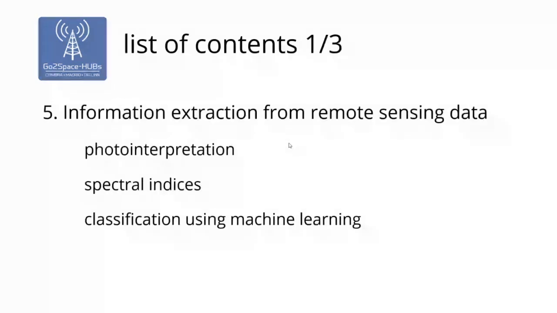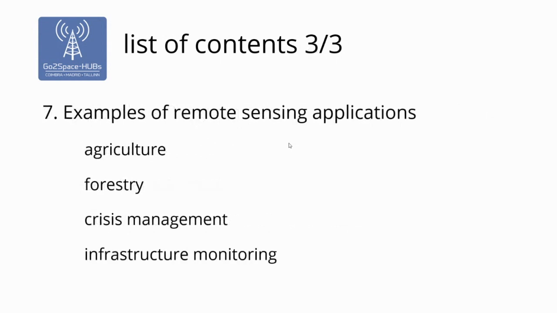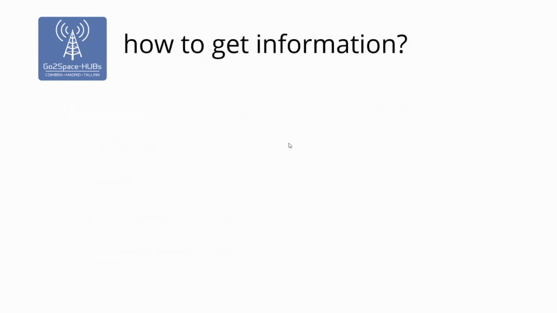So in this part of the presentation, we'll talk about how to get information from the data. After that, about the Copernicus program, which actually brought us here together, and we will show several examples of remote sensing applications. So how to get information? Why is it important? Because normally satellite images are actually data, we can say raw data.